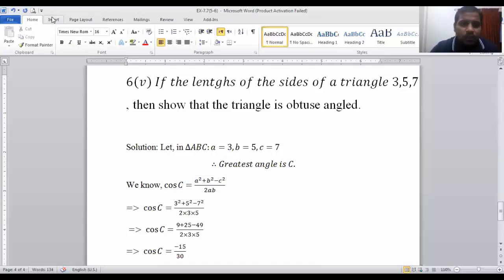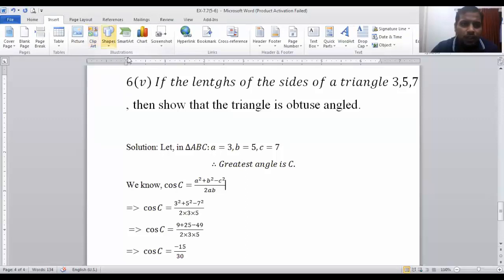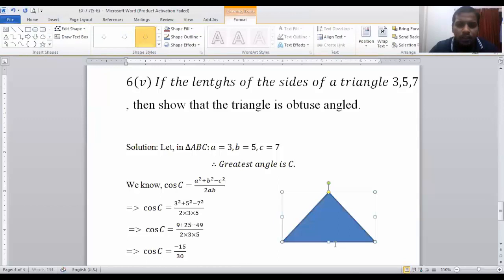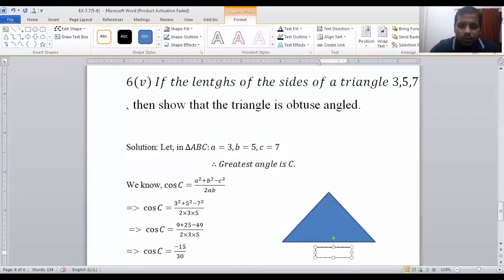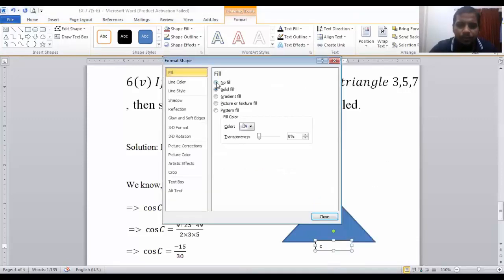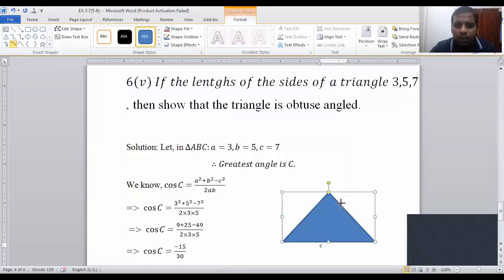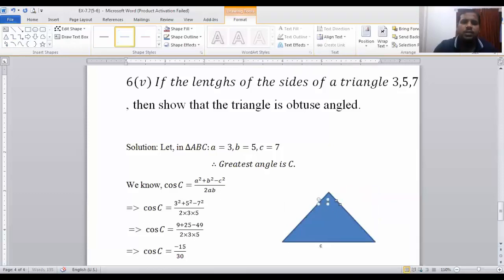If we draw a triangle like this, for example, and if it is side c, then this angle will be the capital C. It is just for your understanding.